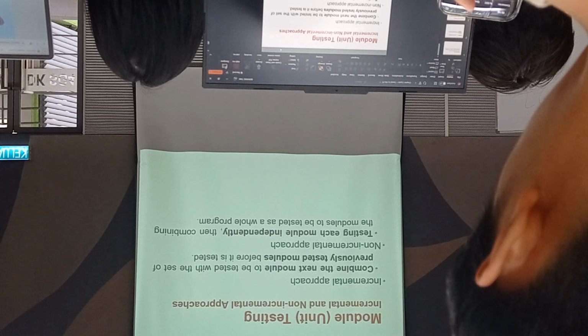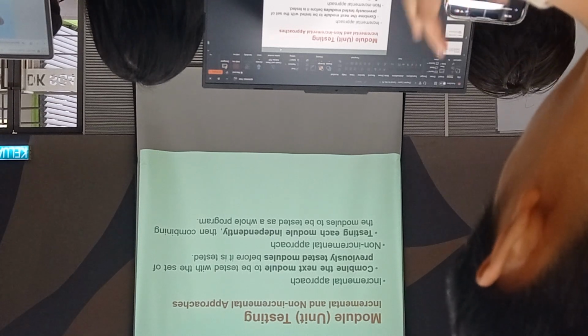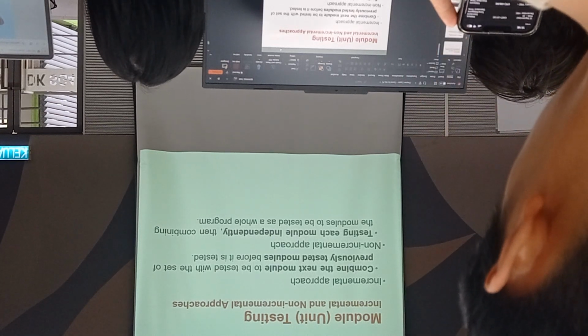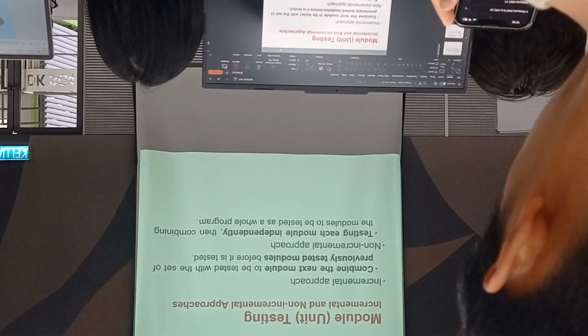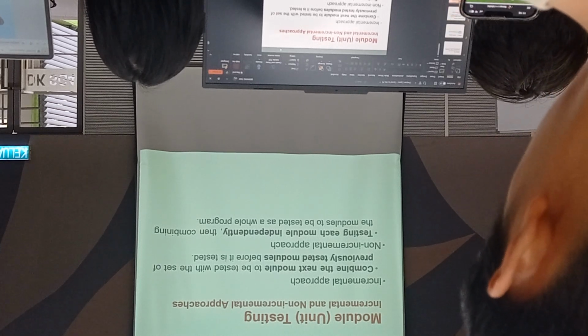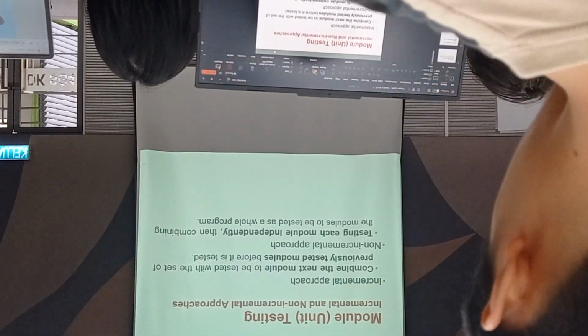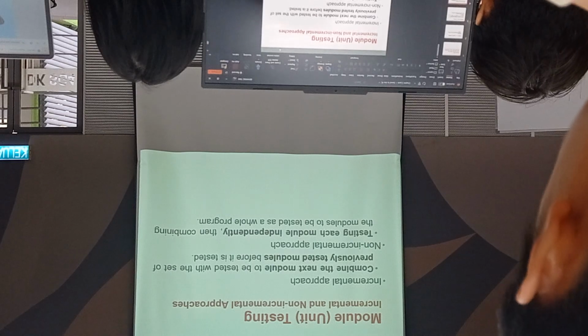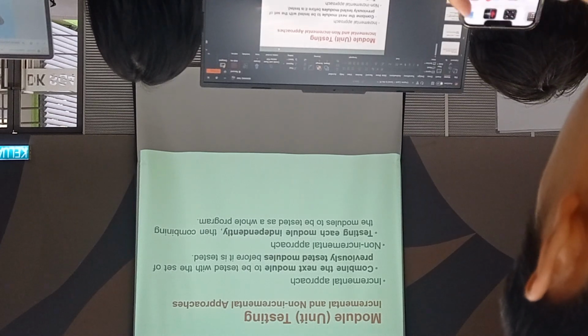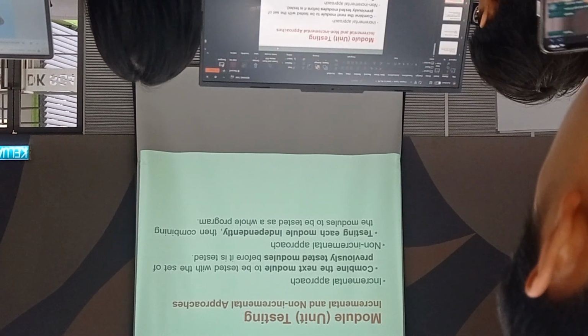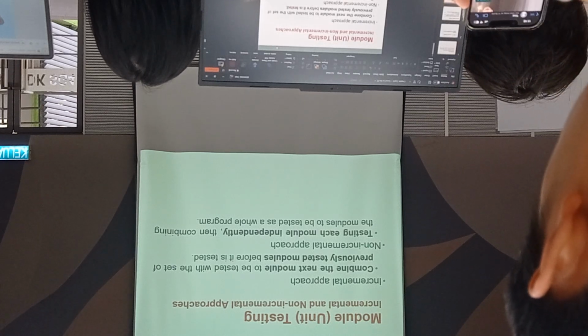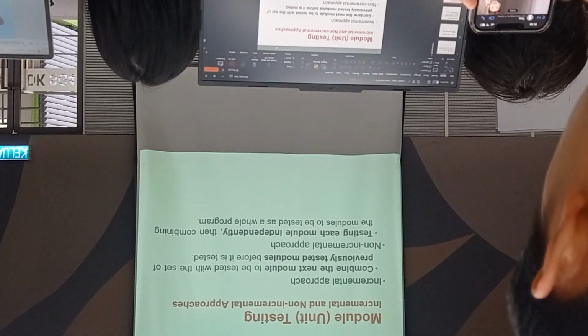Clear? Incremental approach means every module which we want to test must be combined with the previously tested module until we completely integrate all of them as a whole system. But when we say non-incremental, it means each of these modules will never meet the other modules yet.